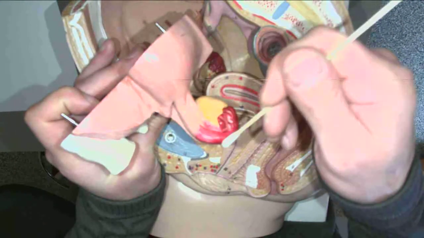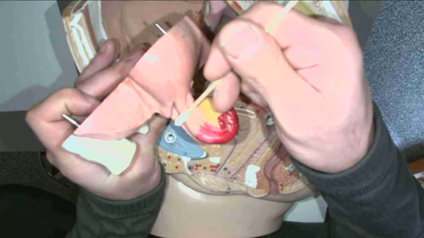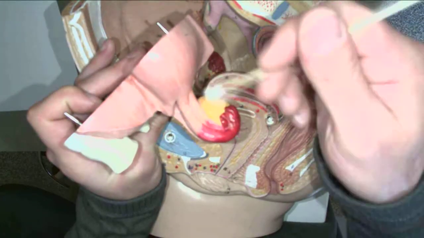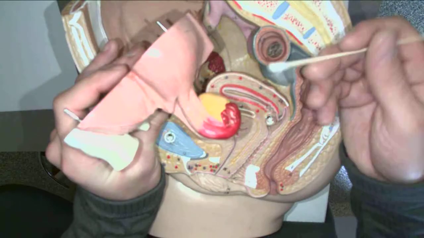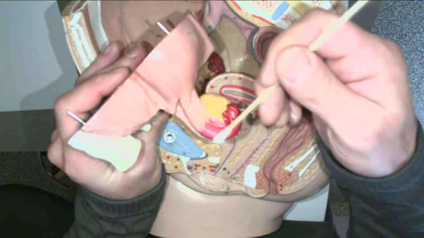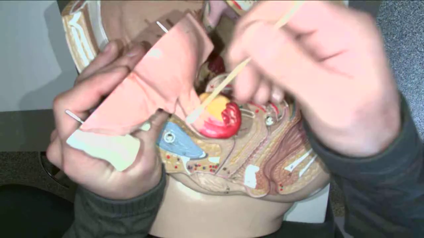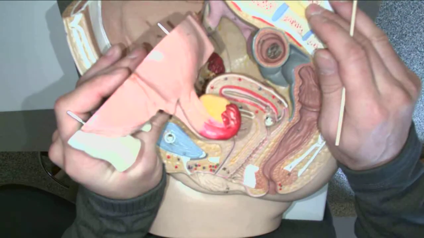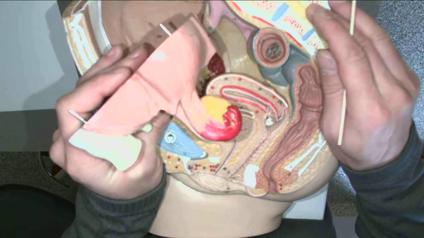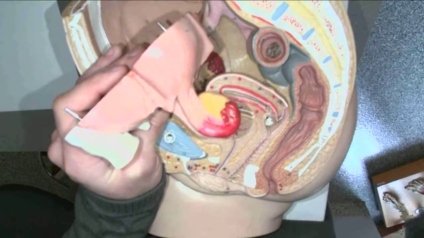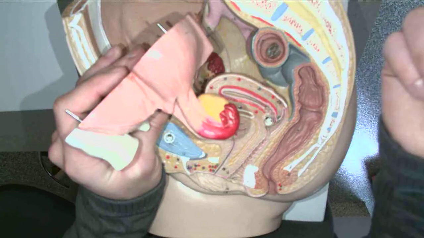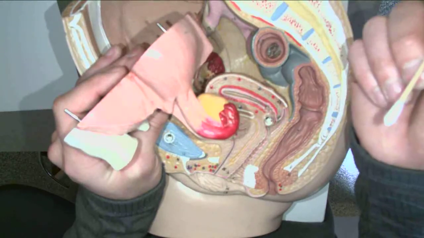This whole tube goes by many names. I don't really care which one you pick. Just don't mix them up. Uterine tube is usually the easiest one. Fallopian tube. Oviduct. Those are the three names that this one structure can go by. Again, I don't have my lab manual in front of me. Okay, it has all three of them in there? Okay. So like I said, you can pick one. Doesn't make a difference to me.